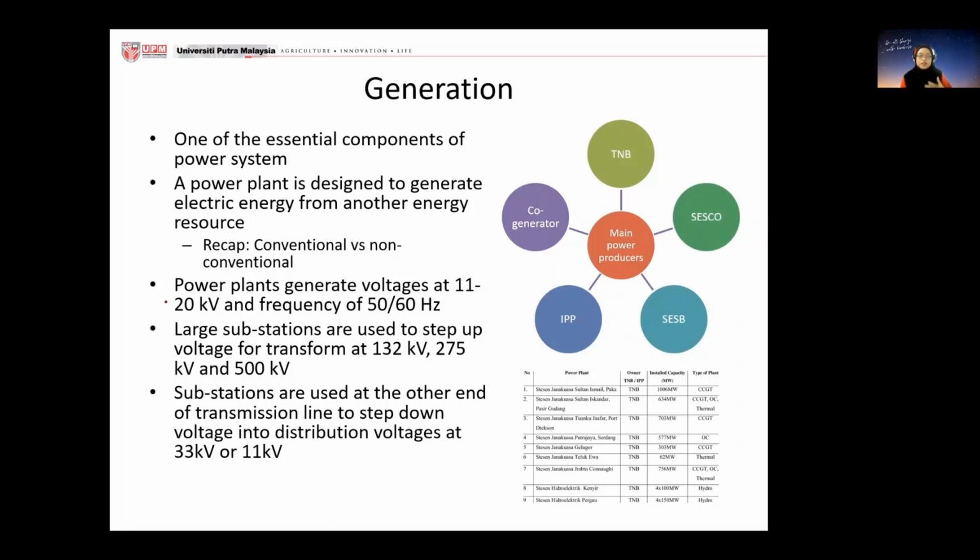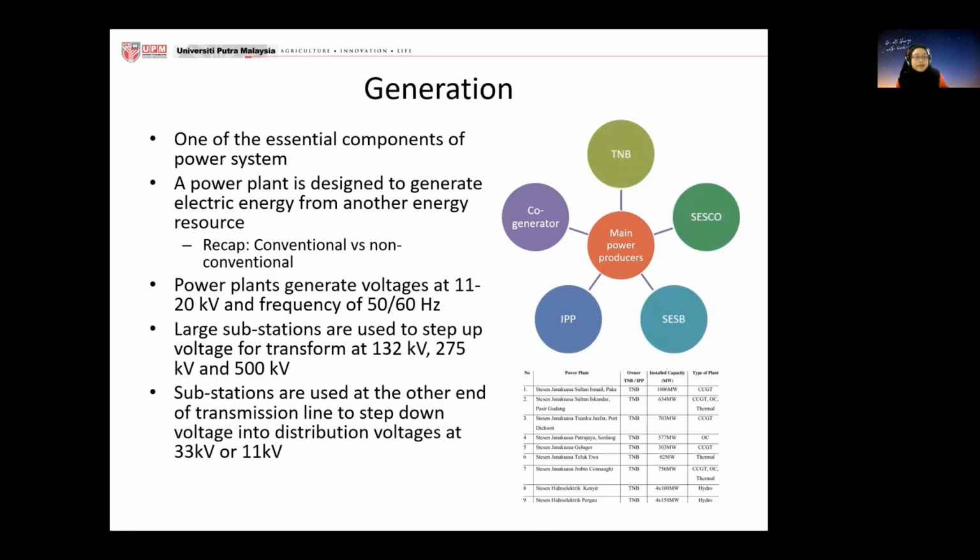Then you have your large substation, which is used to step up the voltage, and another substation at the other end to step down the voltage. It depends on the demands and the consumers at the other end.